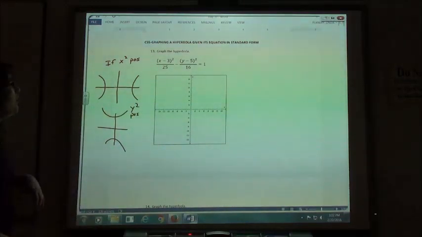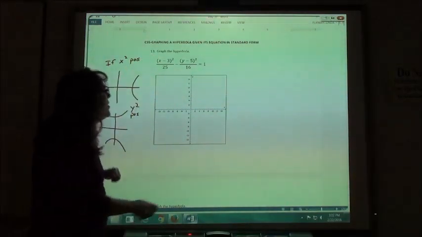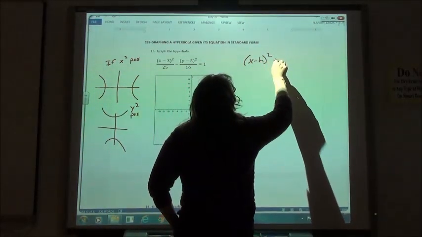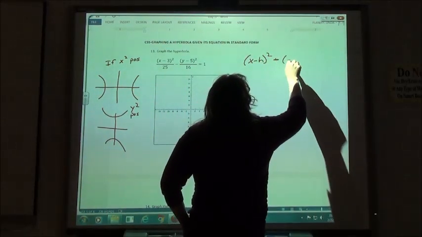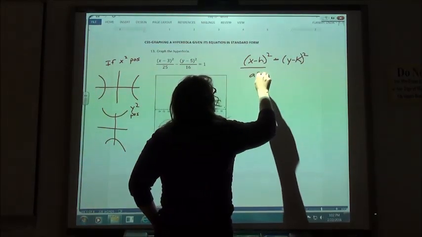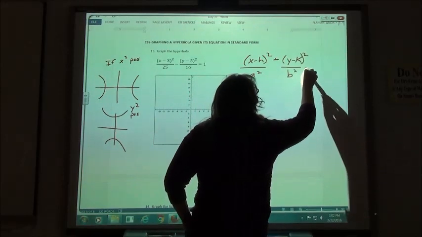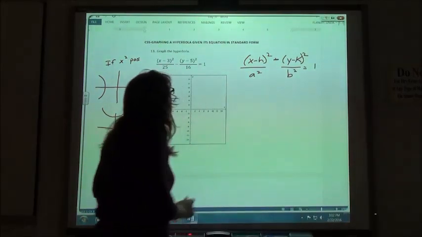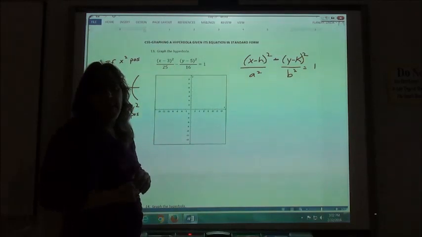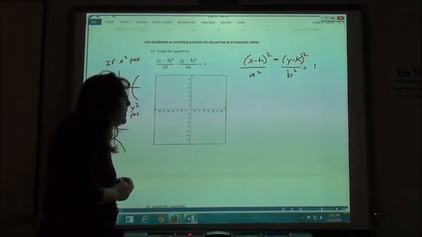So in general form, if my x squared is positive, I'm going to have (x minus h) squared over a squared minus (y minus k) squared over b squared equals 1. Notice for a hyperbola we have a subtraction in here instead of an addition like we did on the ellipse.